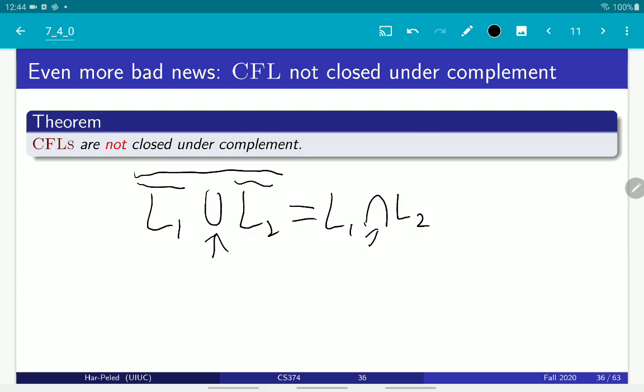But we know there is no closure under intersection. So it's impossible for them to be closed under complement, because that would imply that CFLs are closed under intersection, which we know is false. So context-free languages are closed under union, concatenation, and star, but not under complement and intersection.